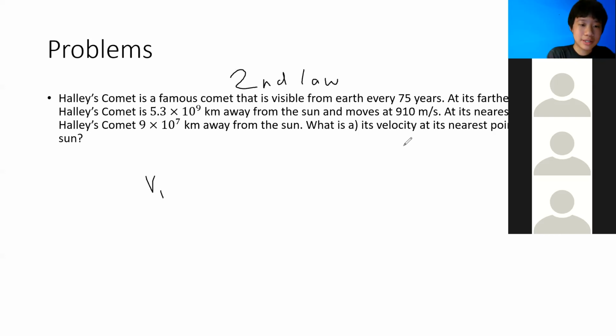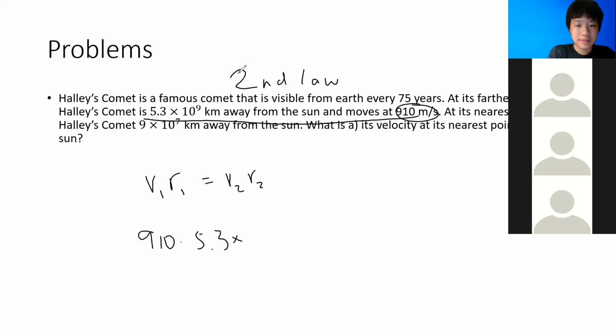Well, the second law equation that's given with that is v1r1 equals v2r2. So let's just call v1 and r1 the farthest distance. So its velocity is going to be 910 times its distance, 5.3 times 10 to the 12th, because it's in meters.